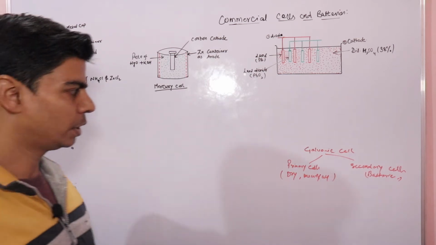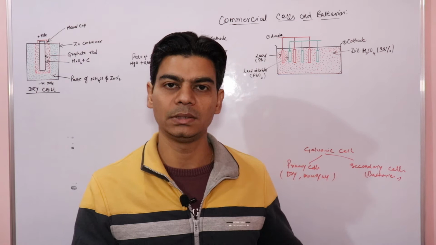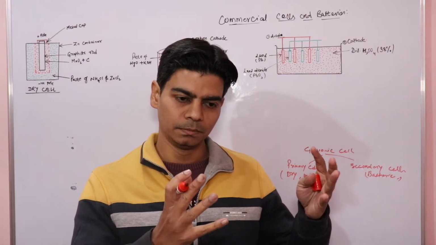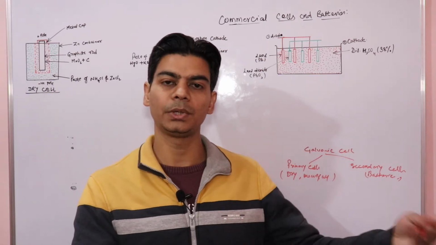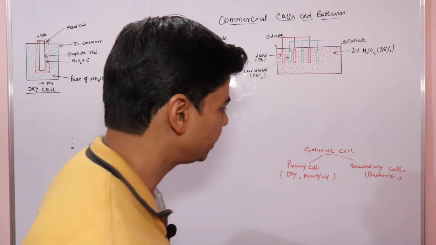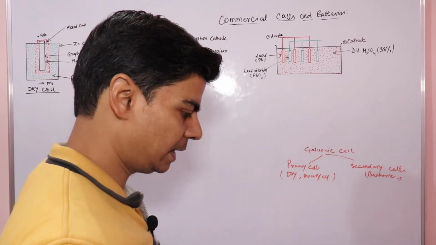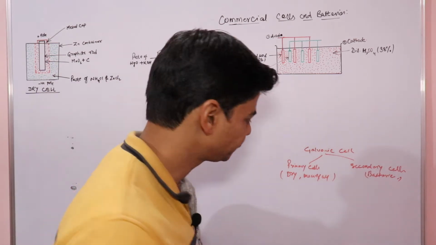And we know what a battery is. A battery is nothing but a combination of electrochemical cells. When electrochemical cells are connected so that all the cells can work together to produce electrical energy, that's your battery. When you need more output and one cell cannot give that much output, you combine a number of cells.